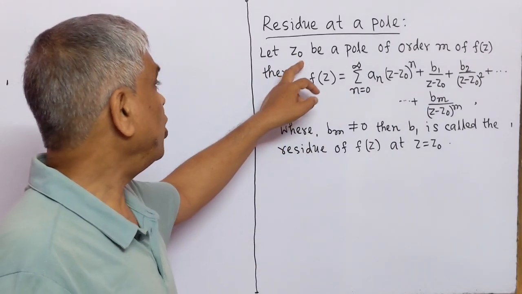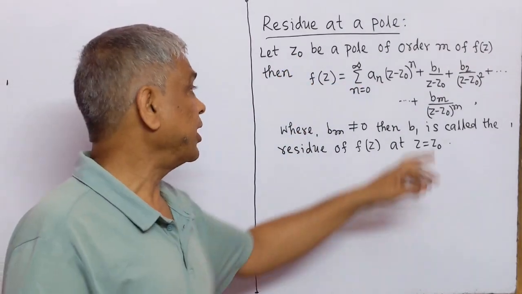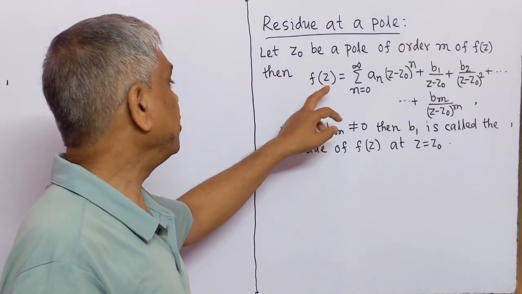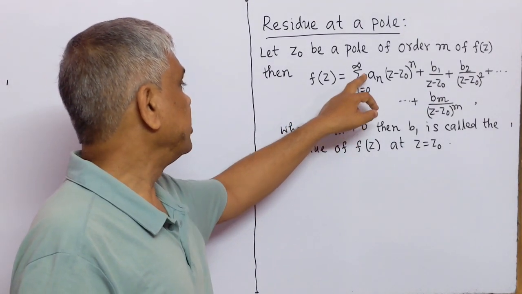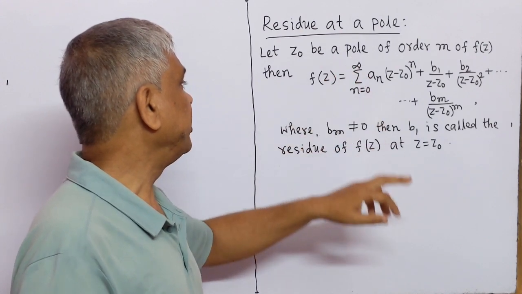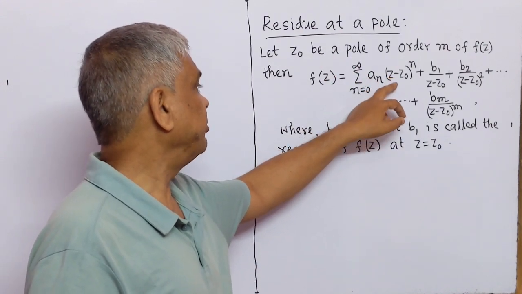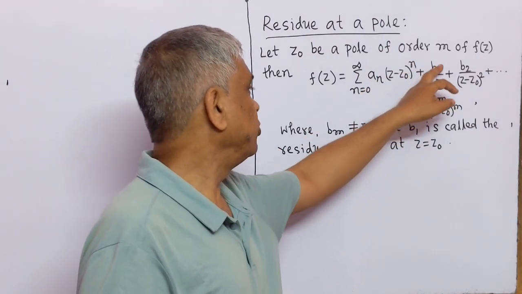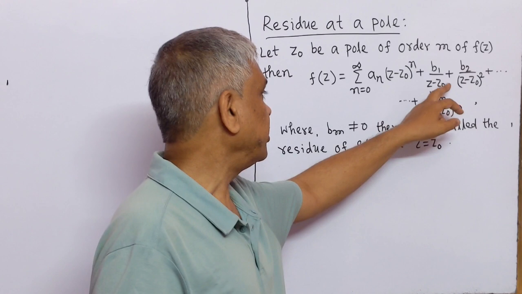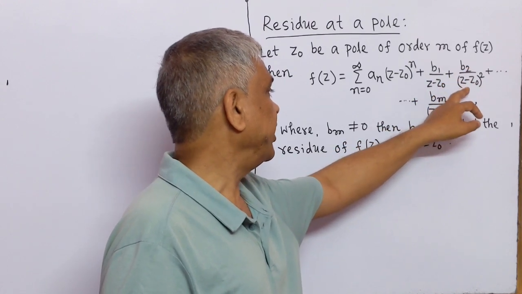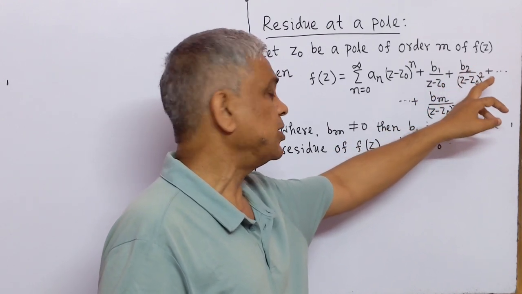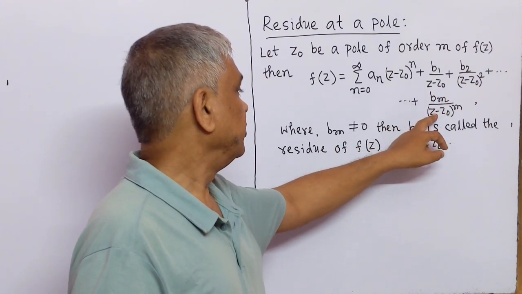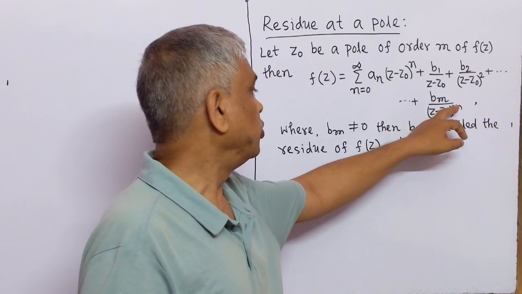Let z naught be a pole of order m of f(z). Then f(z) equals sigma n equal to 0 to infinity a n (z minus z naught) to the power n, plus b1 by (z minus z naught), plus b2 by (z minus z naught) whole square, plus dot dot, plus bm by (z minus z naught) to the power m.